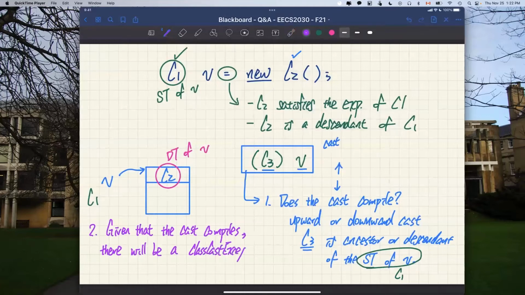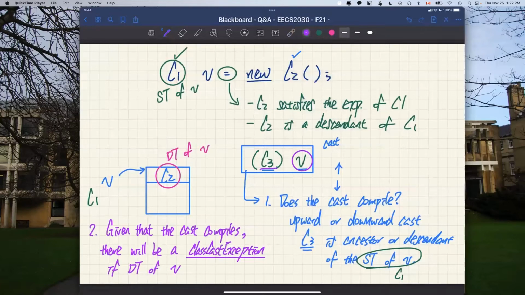Yeah, there's also something I've emphasized many times in the lecture video. You may want to rewatch those parts if necessary. There will be a ClassCastException if the dynamic type of V, right? You can see we are trying to cast V into C3, and we're talking about runtime, whether or not there will be a ClassCastException. So if you want to analyze runtime behavior, you have to involve the dynamic type.